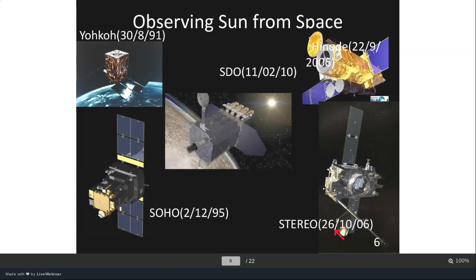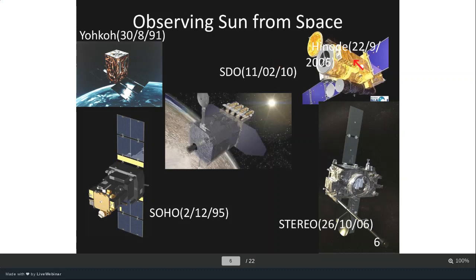There are some telescopes which measures the sun from the space. Yohkoh is a space mission of Institute of Space and Astronautical Science in collaboration with space agencies of US and UK. It was launched at 30 August 1991.